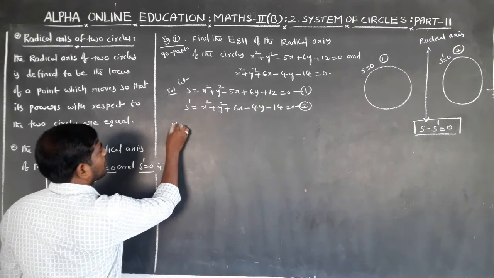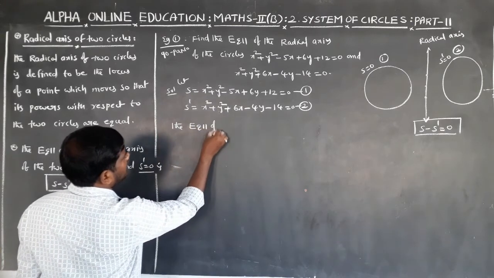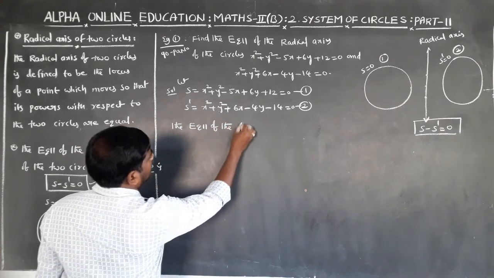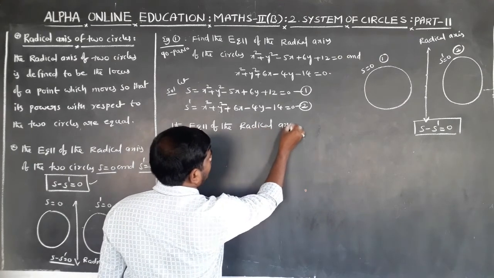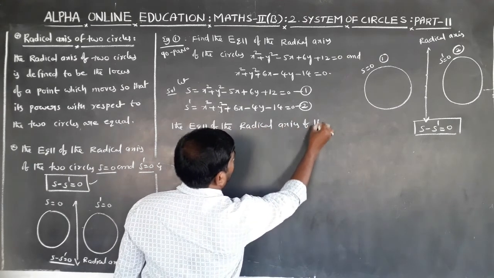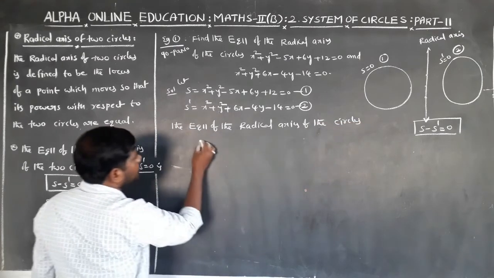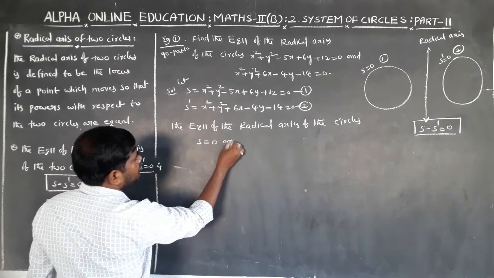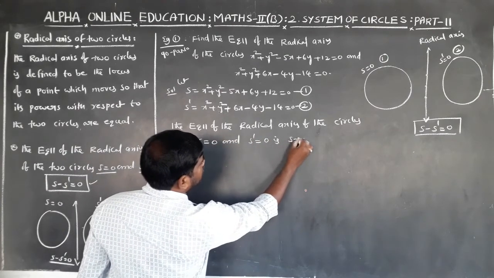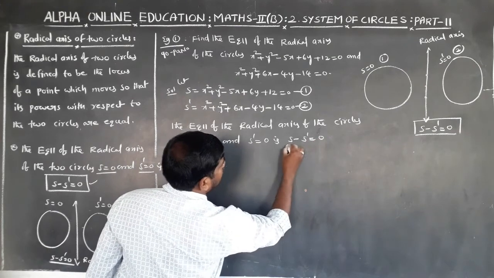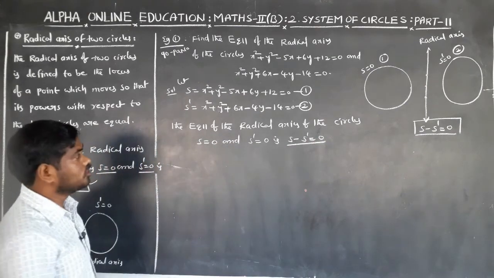The equation of the radical axis of the circles S is equal to 0 and S dash is equal to 0 is S minus S dash is equal to 0.